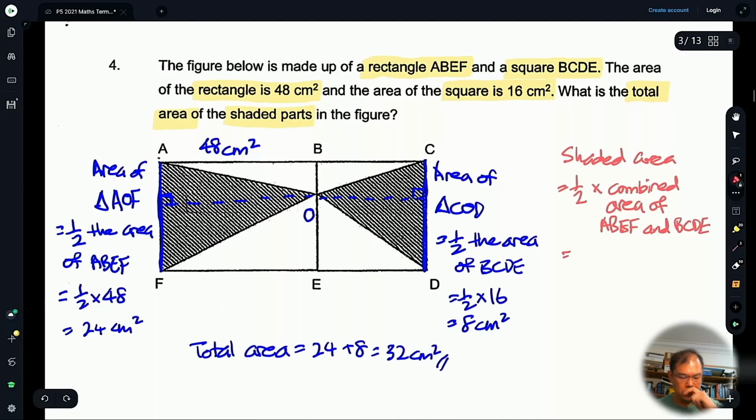Right, because you realize that both triangles share the same breadths, or rather the breadths of the shape, the big rectangular shape, as well as the height.